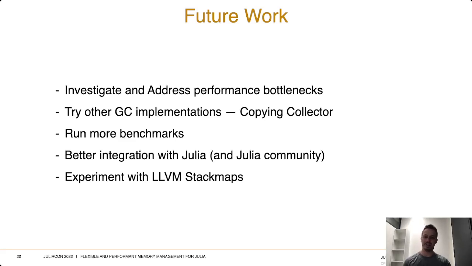We want to try other GC strategies, and in particular a copying collector. We want to run more benchmarks, and we also want better integration with Julia and the Julia community, so for more people to use Julia with MMTK. Finally, we also want to experiment with LLVM stack maps and see if they can be used for Julia.